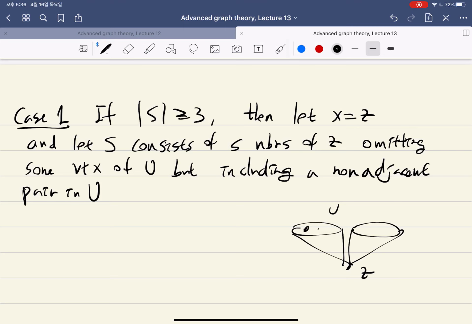And you have at least 3 vertices, and then these are non-adjacent. Then you take S vertices here. So S is at most R minus 1. So you miss one vertex here, and then you take S minus 2 vertices more here, and then these 2. And then, if there are more here, then you add. So you take S vertices, so that it contains 2 non-adjacent vertices in U, and then you miss one here.